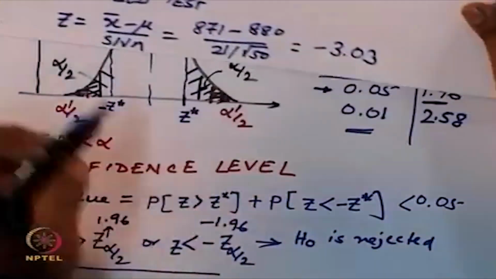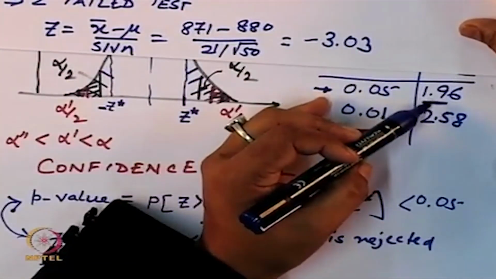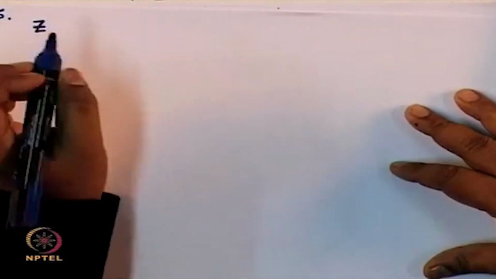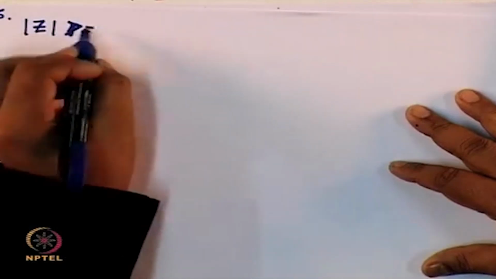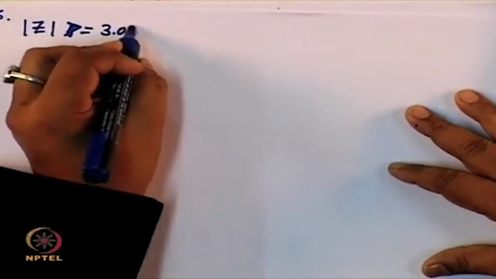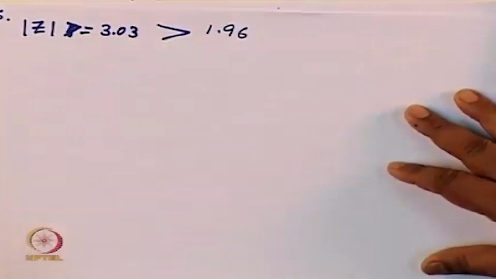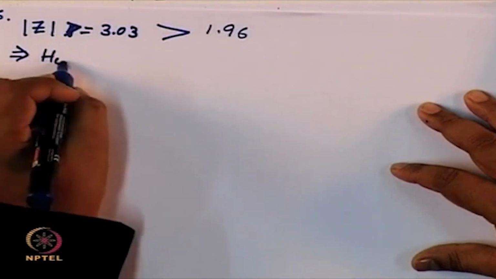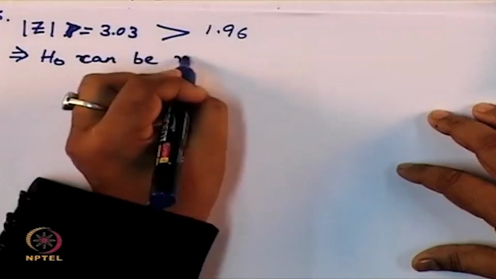Now, mod of Z is 3.03, which is much greater than 1.96. So, H naught can be rejected.